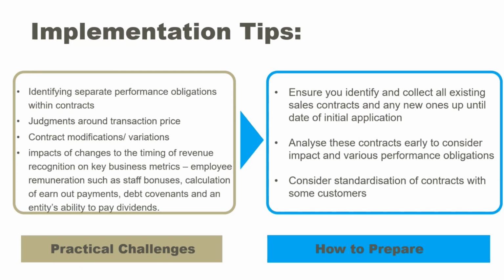Once you've gone through the process of identifying the number of performance obligations within a contract, I'd recommend getting someone else to look at it and see if they come up with the same number, just to sense check it. There are also judgments around the transaction price, and particularly when there's variable consideration. So again, think about those areas sooner rather than later.